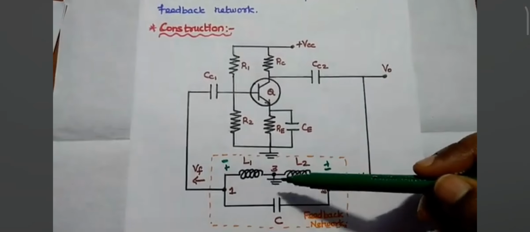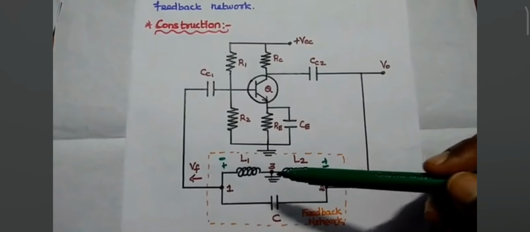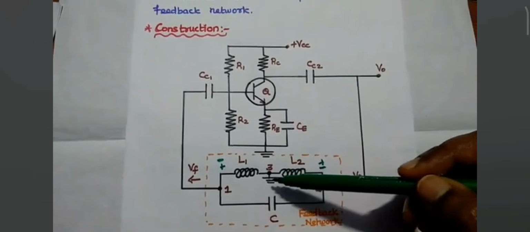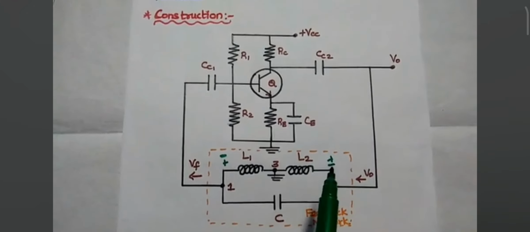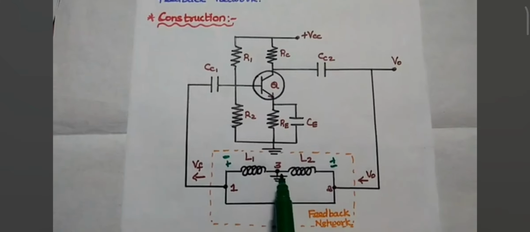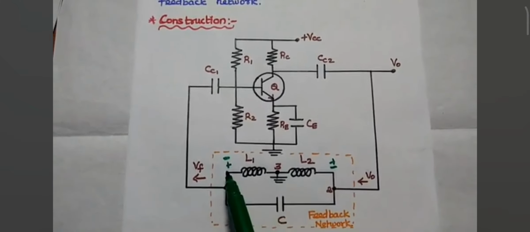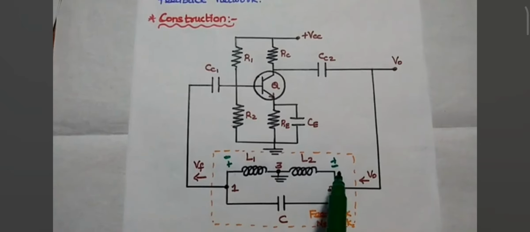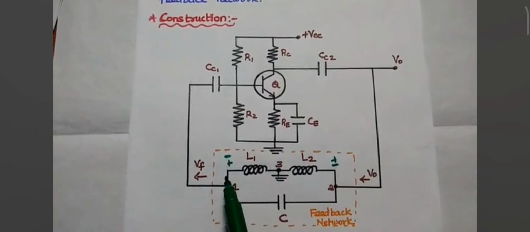This third terminal is grounded. That means at this point its potential is 0. If terminal 1 is positive, then terminal 2 becomes negative with respect to this third terminal. With respect to this ground, if it is positive, this becomes negative.